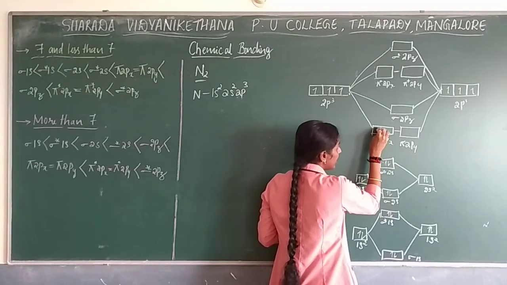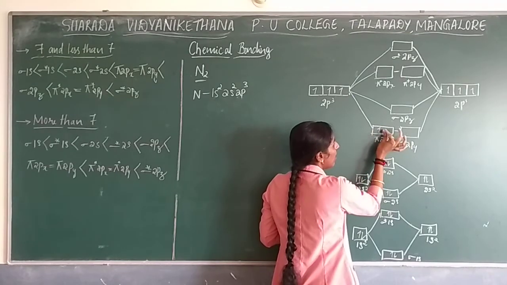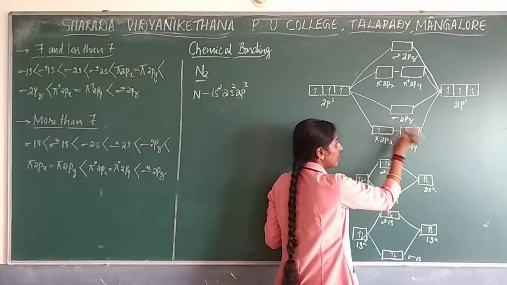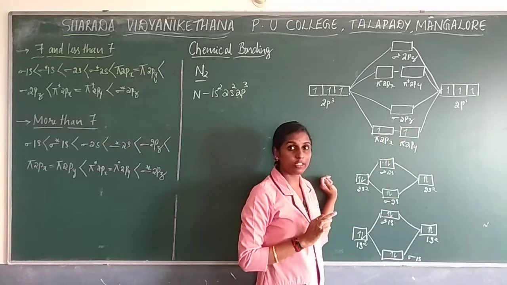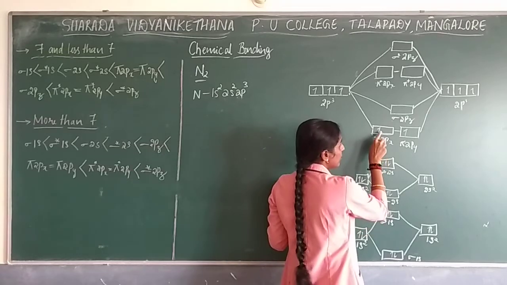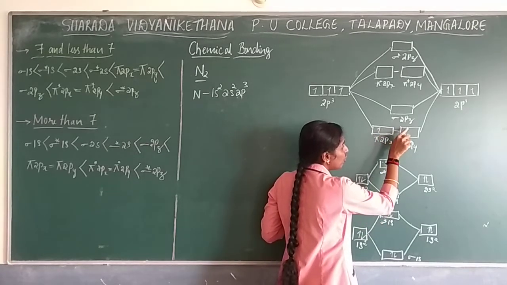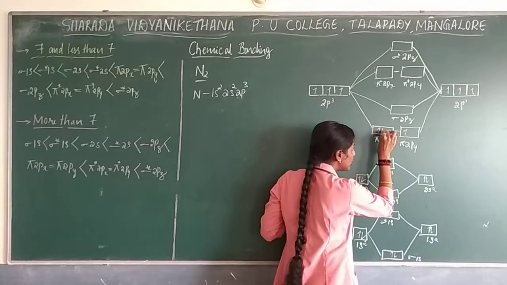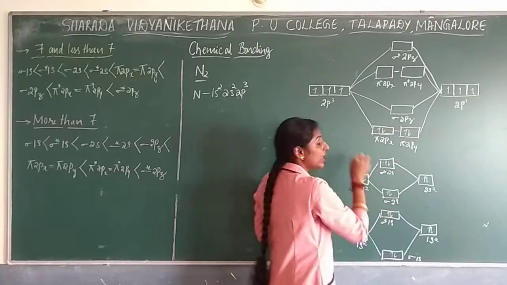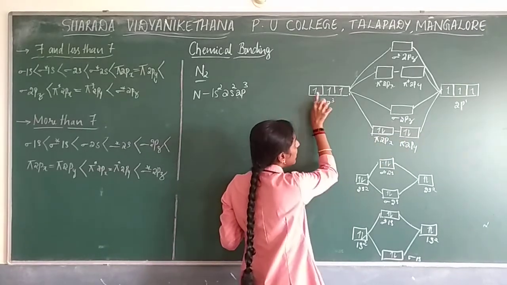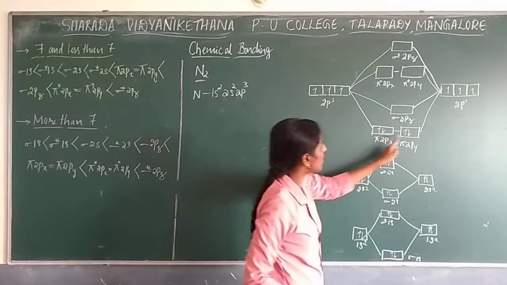While distributing, remember I can't give the second electron over here; instead I have to give it here, according to Hund's rule. Because they have the same energy level, the electron should go to the next orbital and then get paired. Here the energy level will be the same, so I write it this way.